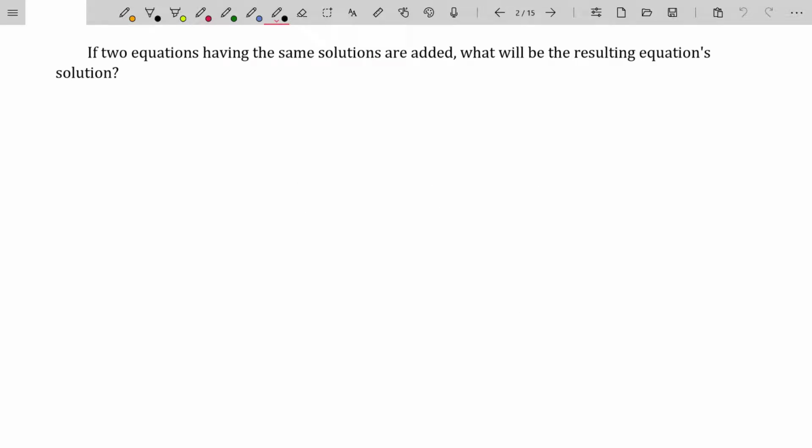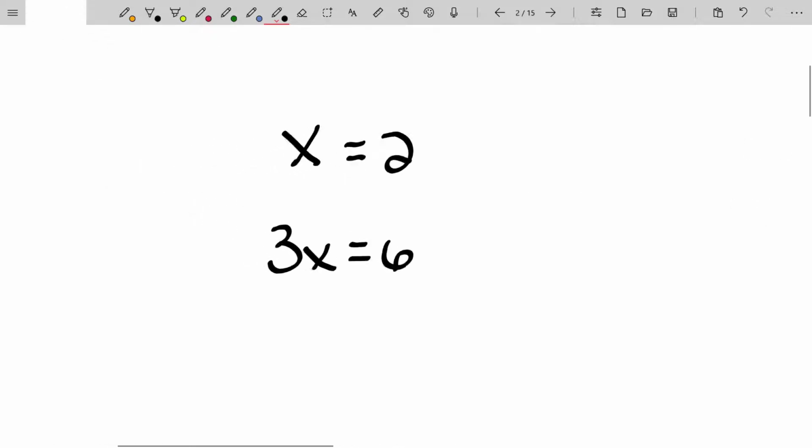The second question: if two equations having the same solutions are added, what will be the resulting equation's solution? That's a weird wording there, for me at least. Well, let's take those two examples we created. Let's take a look at this first one.